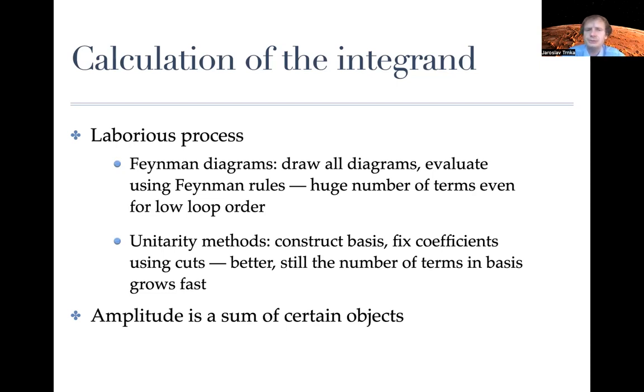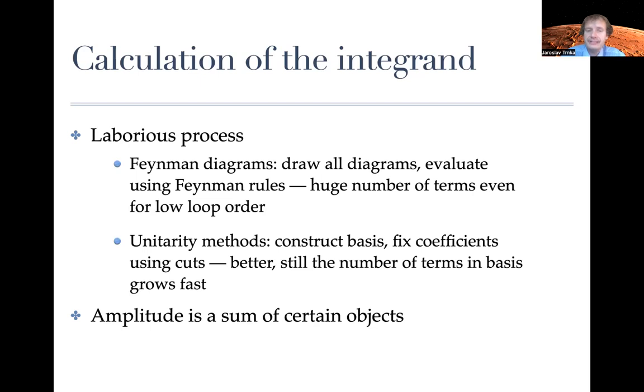The number of terms in the basis also grows very fast. But our way to think about it, we will concentrate on this integrand, so we will not integrate anything. Although I will give results for some integrated answers in the end, they will not be obtained by integration, but by means of some differential equations.